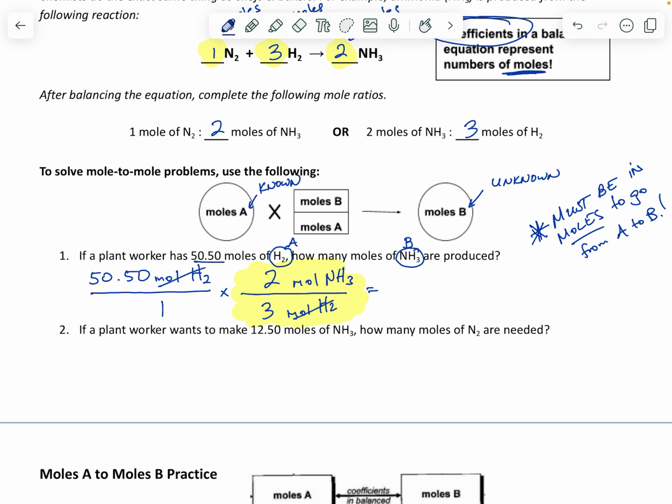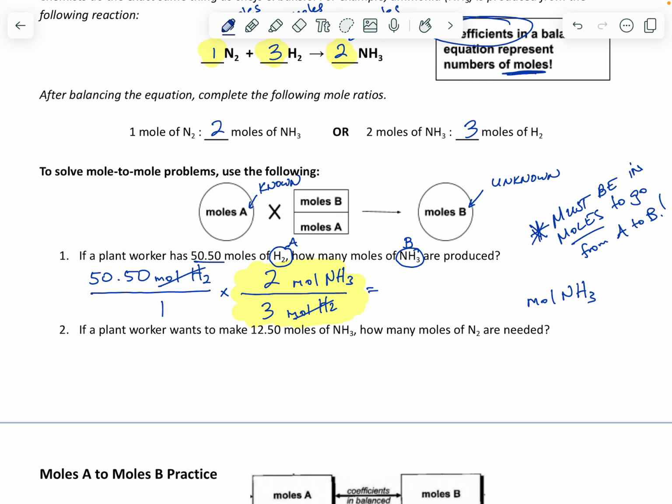And now the biggest change from last unit, if you hadn't been doing it already, is that we're ending with a completely new substance with our unit. So we have to make sure we note that. That is what I'm looking for in the end. And then we have 50.50 times 2. I'm going to do that really quick just to double check.